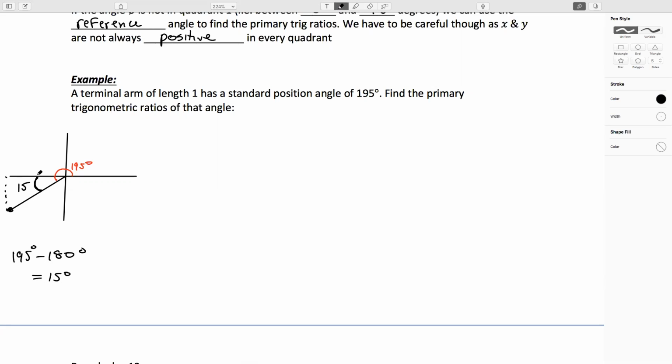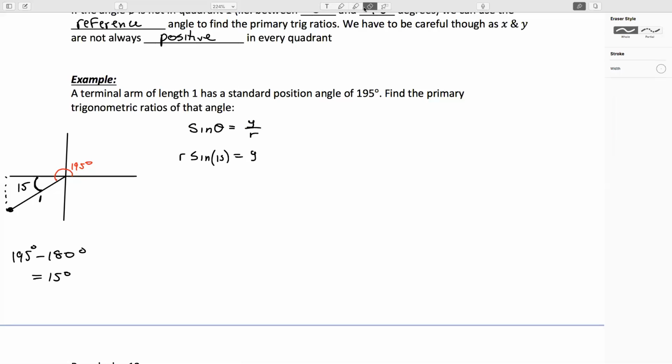So now I can figure out what my trig ratios are, and I can work backwards to figure out what my side lengths are. I also know that this is a side length of 1. So using our calculator, if I know that sine theta equals y over r, I know that y equals r sine theta, which is 15.